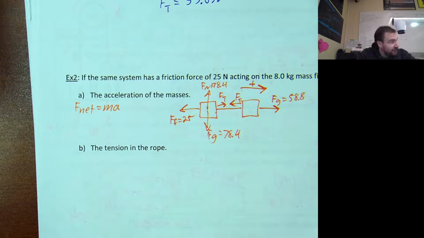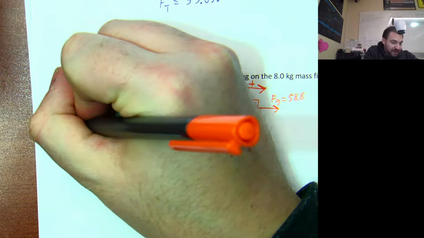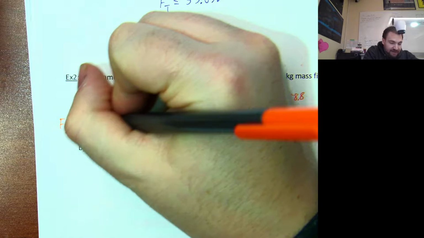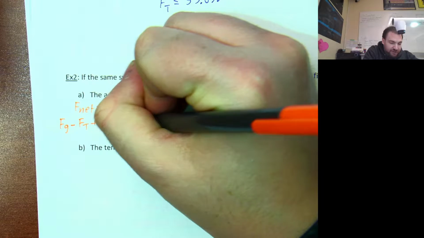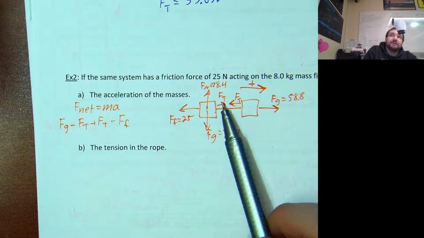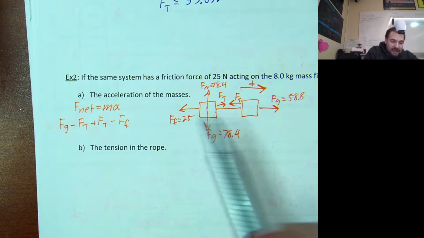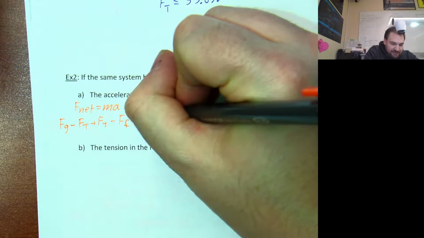I'm not adding friction, I'm subtracting friction because it's acting to the left. So it's going to be FG minus FT plus FT minus force of friction. I'm just going in order here from right to left. FG is acting positively, that one's negative, that one's positive, that one's negative. And that's going to equal my total mass, which I'm just going to call M big T, times A.